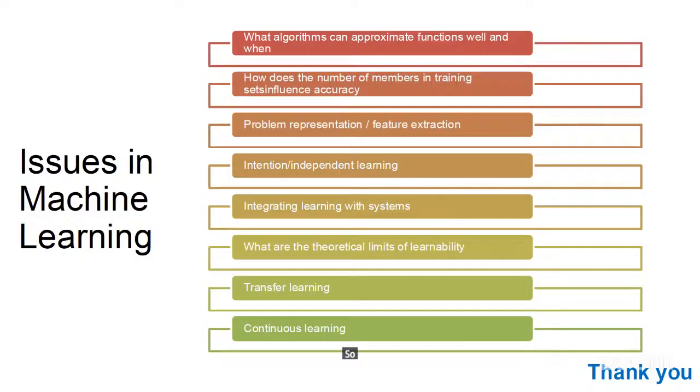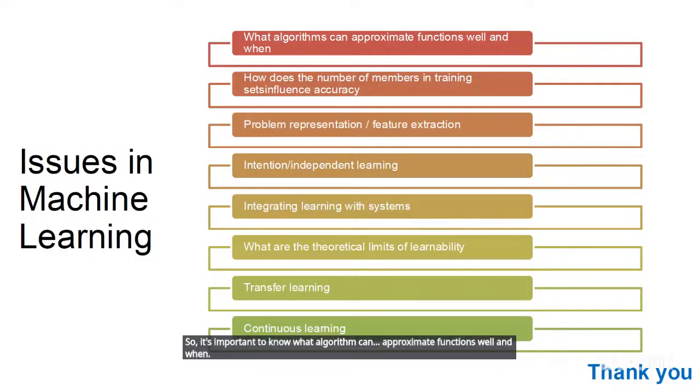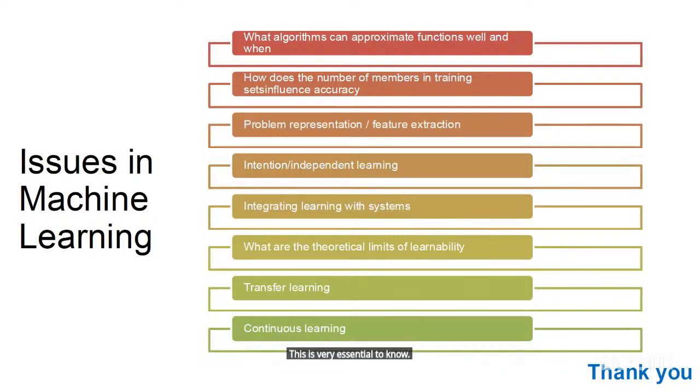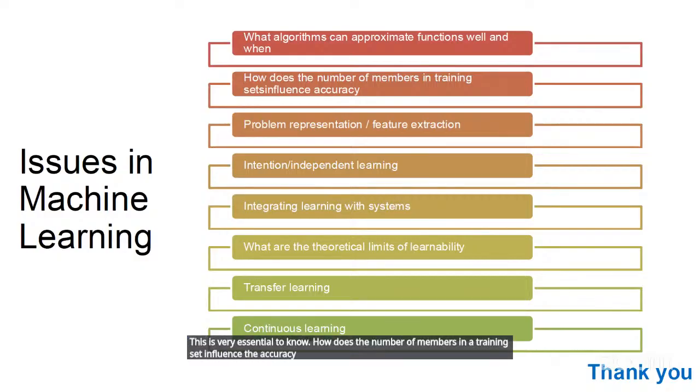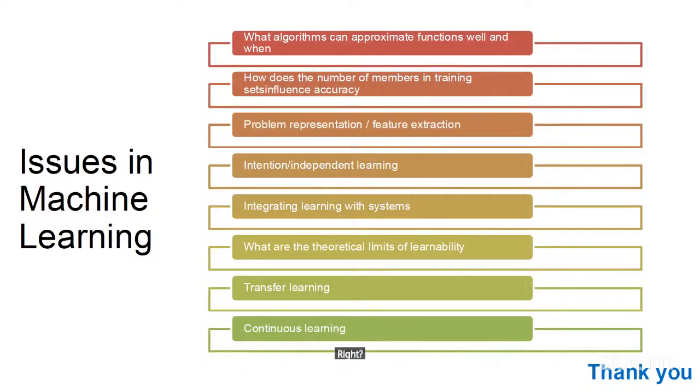It's important to know what algorithm can approximate functions well and when. This is very essential to know. How does the number of members in a training set influence the accuracy? Then the problems of representation and feature extraction have to be taken care of. Intentions and independent learning issues have to be considered.